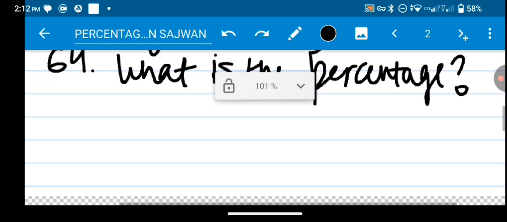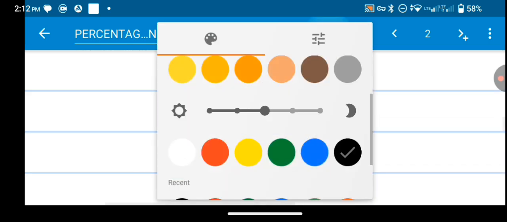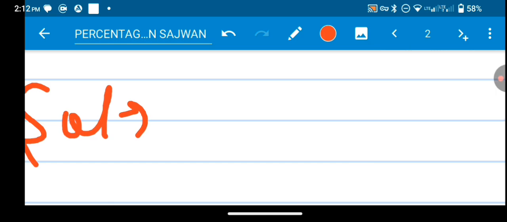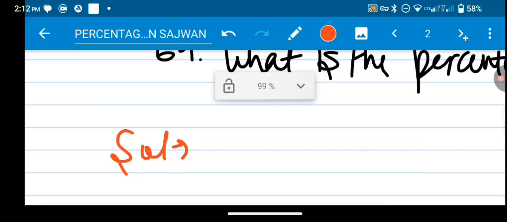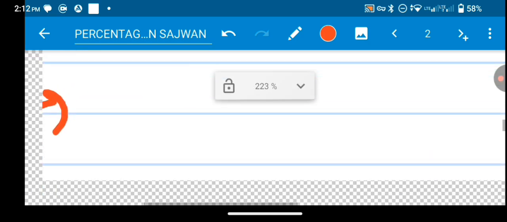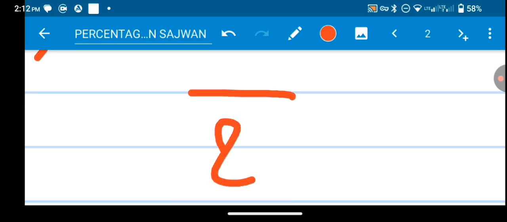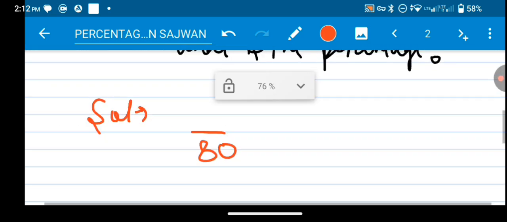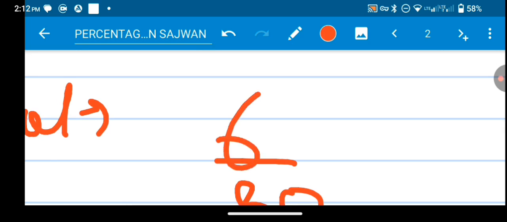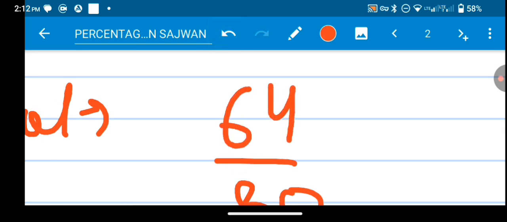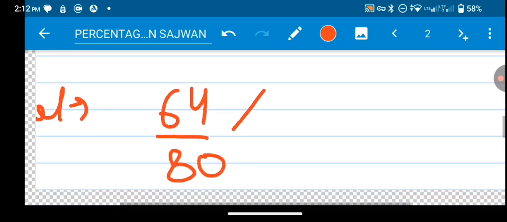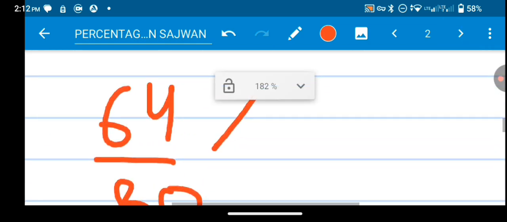Out of 80 marks means the maximum marks in the question paper was 80. A student scored 64.